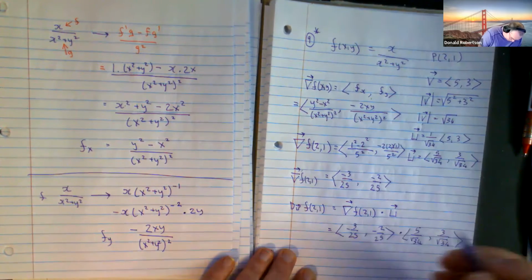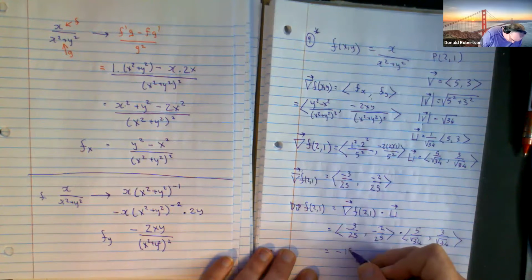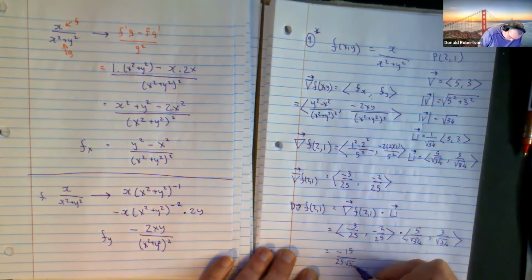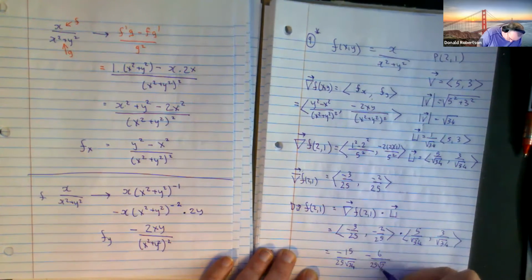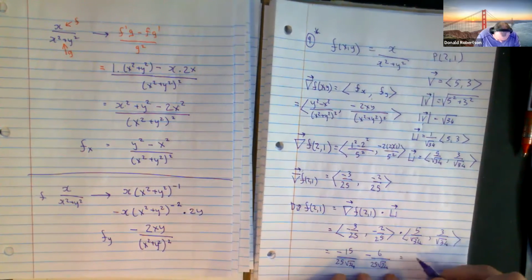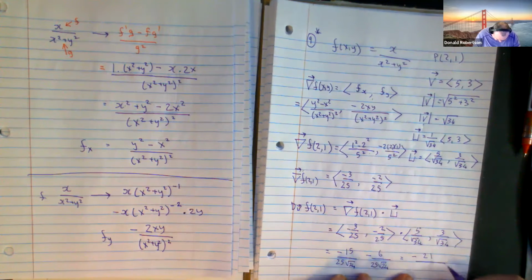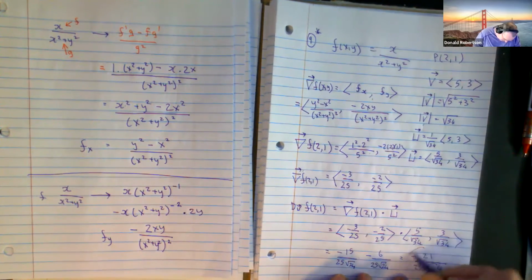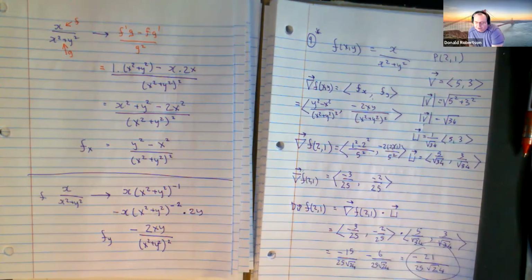If you multiply these two together, you get negative 15 of those guys. If you multiply those together, you get negative 6 over the same two guys. Those get you negative 21 over 25 square root of 24. Technically speaking, I should rationalize the denominator, but I'm pretty sure that won't do any good, really, to make the answer pretty. So I'm happy to leave it alone.